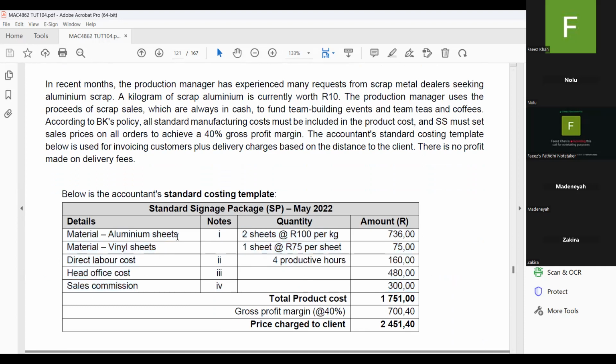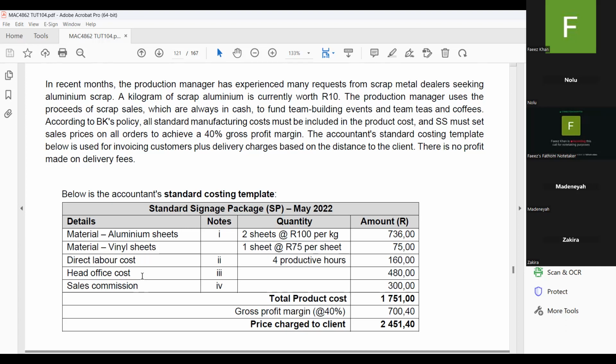So here we could see material aluminum sheets, which is direct material, material vinyl sheets, which is direct material, direct labor costs, which is direct labor. Then it included head office costs, and it included commission costs. Now we said, just looking at the line items, we need direct material, which we can see. We need direct labor, which we can see, but we don't see manufacturing overheads.